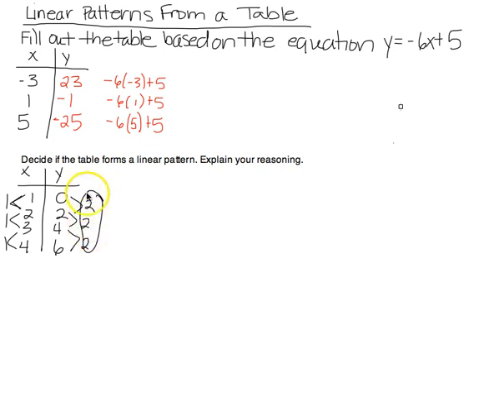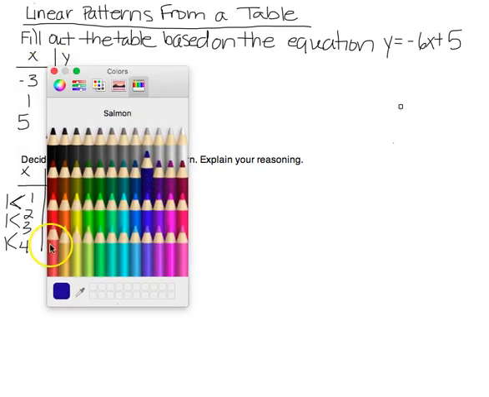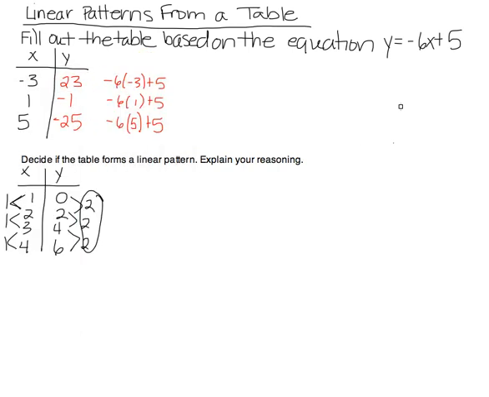A constant rate of change isn't just this part. This part is just the change in y. A rate of change is the change in y divided by the change in x. Because these are both the same, we can definitely say yes, it has a constant rate of change of 2 over 1, or 2. So this one would be a yes.